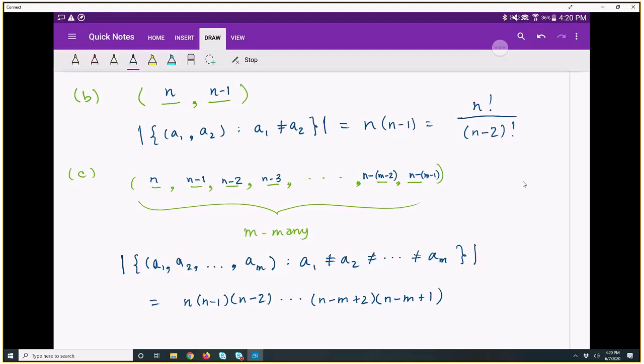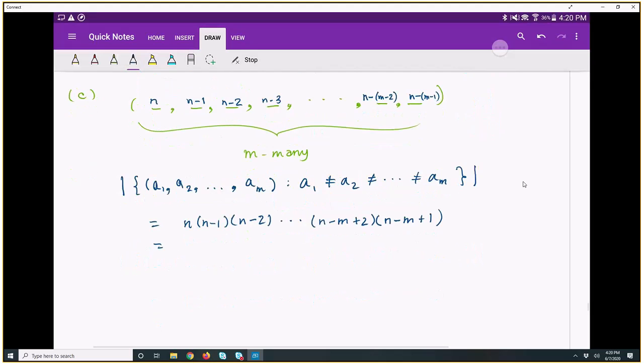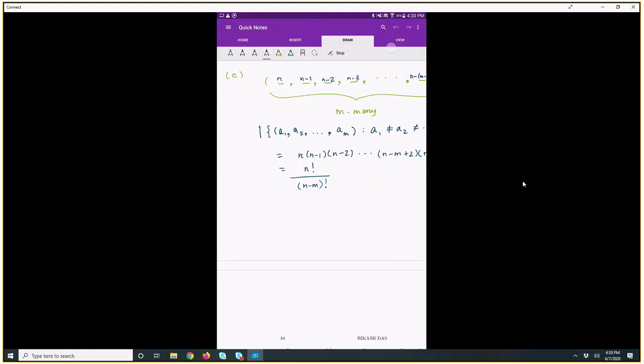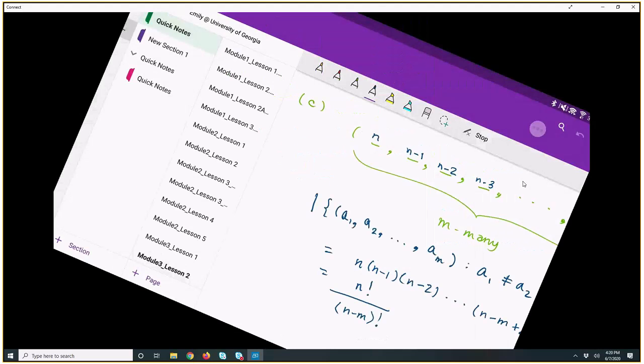And that's going to be n factorial divided by n minus m factorial, which we know is exactly our permutation formula.